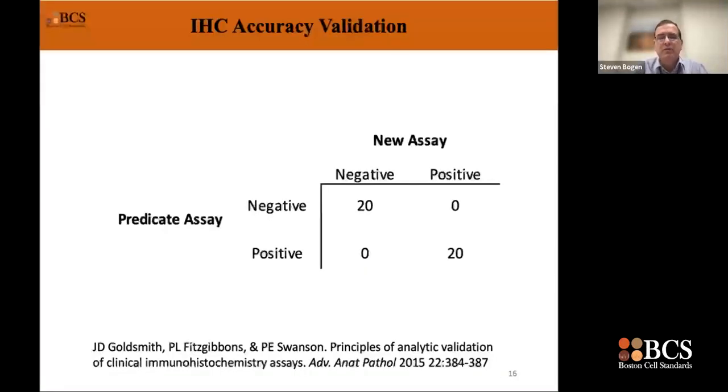So here's an example of a perfect assay validation set expressed in a Punnett square. Test results on the new assay under consideration are compared to sample results on a predicate or previous assay. In this example, there's 100% concordance. All 20 positive test results on the new assay agree with the predicate assay. The same for the negatives. So generally 90% concordance is a passing score.